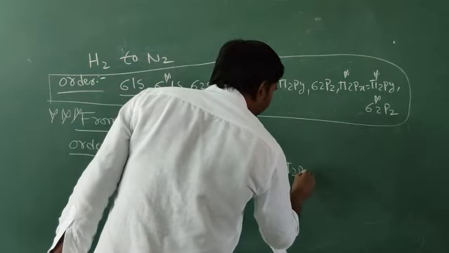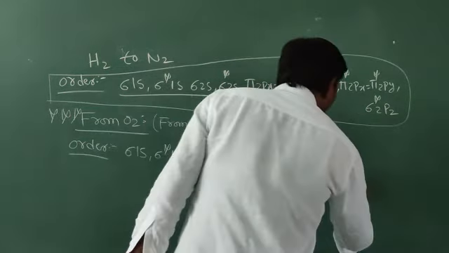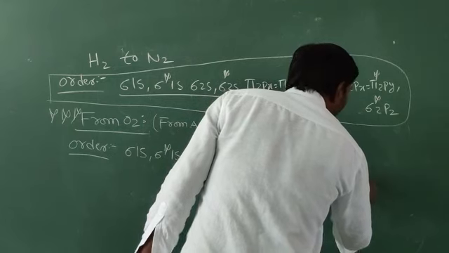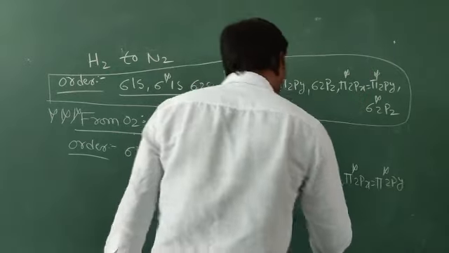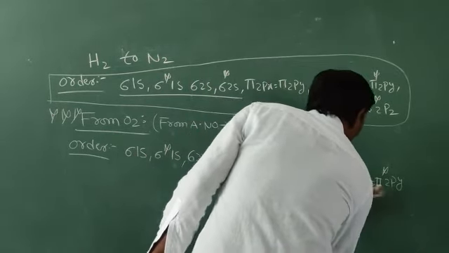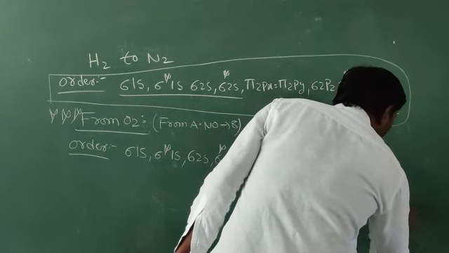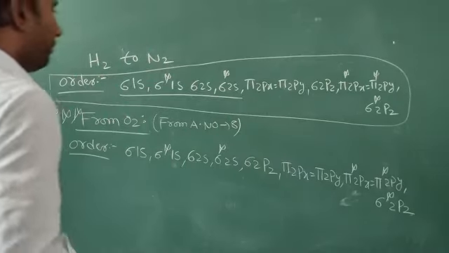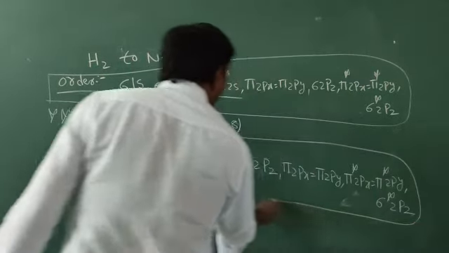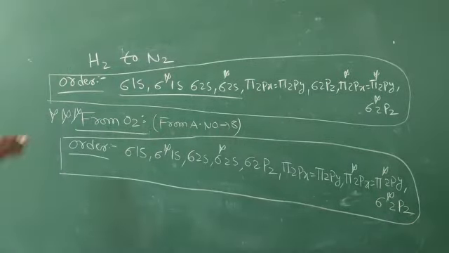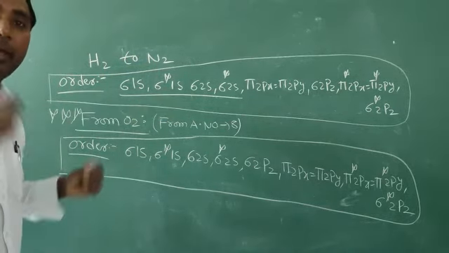Now pi 2px equal to pi 2py, then pi star 2px equal to pi star 2py, and finally sigma star 2pz. This is the configuration order from atomic number 8, just as from hydrogen up to and including nitrogen there is another order.